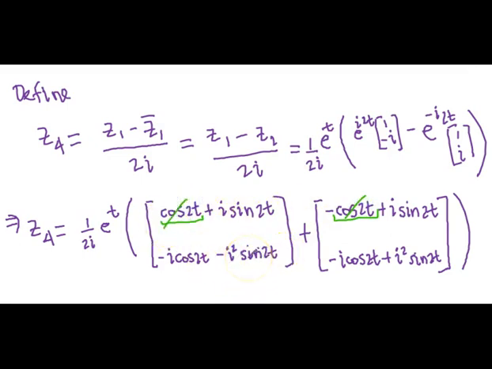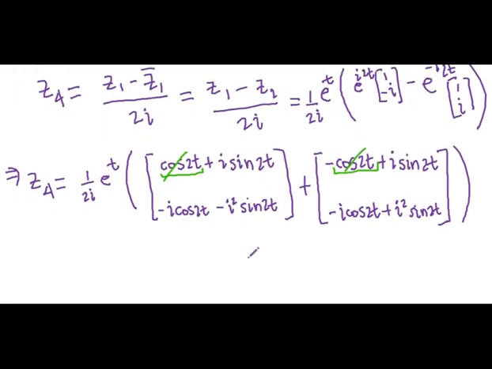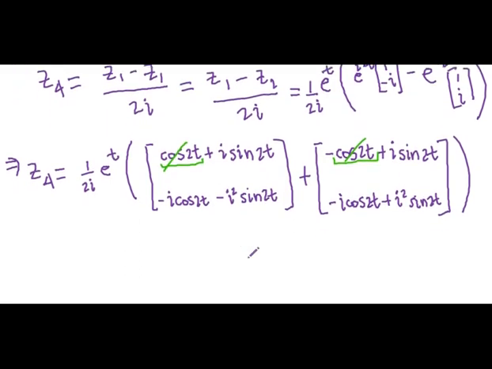And similarly for this term with sine, negative I squared is positive 1 and I squared is negative 1, so this term is going to cancel with that term.